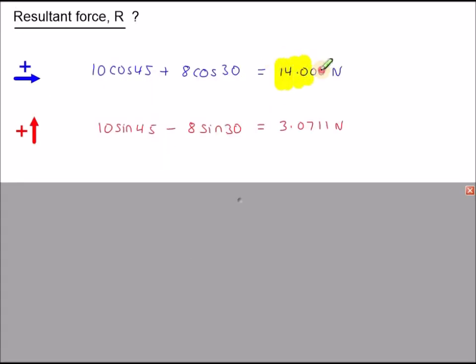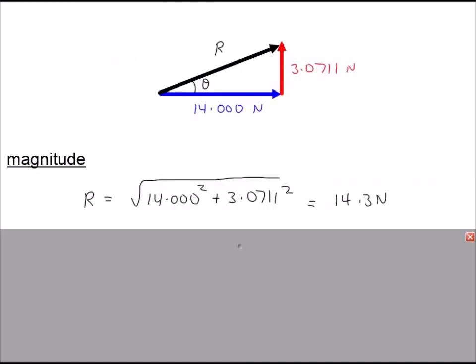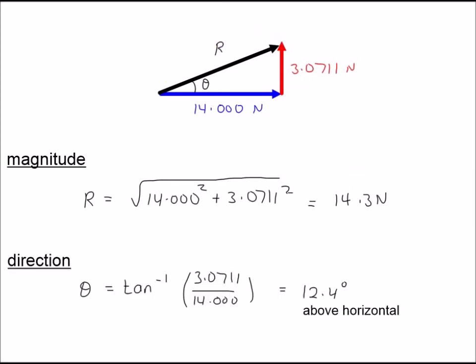So we have a horizontal component and a vertical component, and these two can be put into a right angle triangle, and using Pythagoras' theorem we can work out the resultant very easily. So the magnitude of the resultant force is 14.3 newtons, and its direction using basic trigonometry, so tan theta will be the opposite over the adjacent in this right angle triangle, so 12.4 degrees above the horizontal.